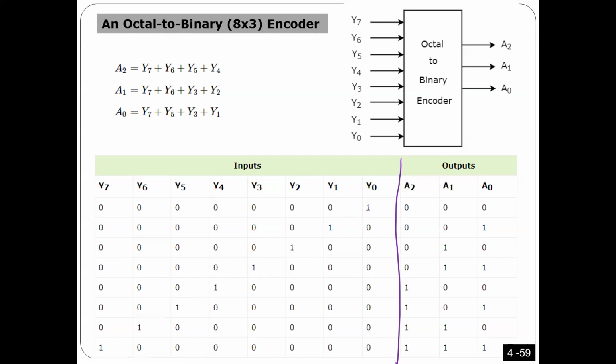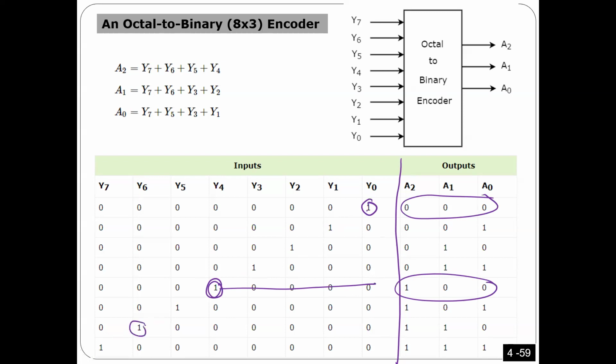So now, if Y1 is 1, the output has to be number 1. If Y4 is 1, the output has to be number 4. If Y6 is 1, the output has to be number 6, and so on. Same thing as I did before, but this is a bigger size. Any question here?